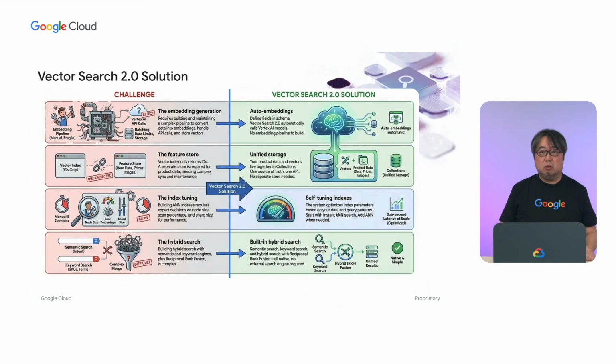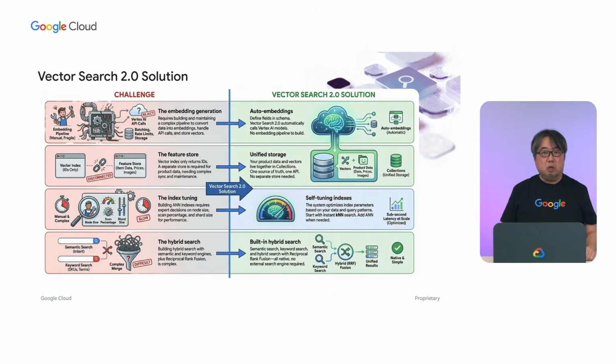With VS2, you don't have to set up a feature store by yourself anymore. It has unified storage that works just like a key-value store or relational databases. So all you get as a search result is the actual raw data, like product names, the price, and categories, and so on.